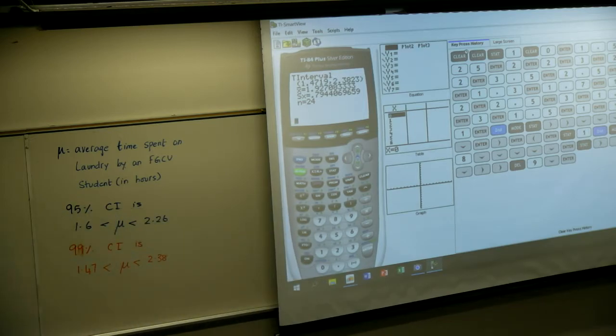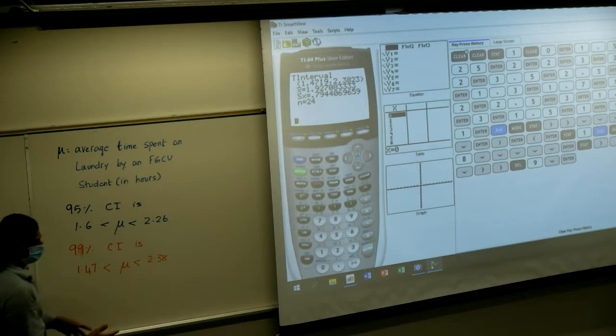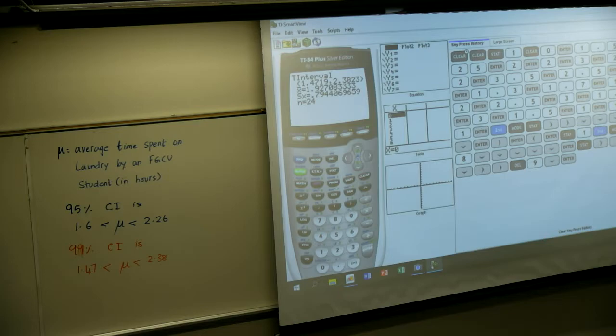Well, if you are more confident about something, you have to estimate it in an accurate sense. But why does it widen? Well, think about it this way. If I said, okay, it has to happen between 1.6 and 2.26, and it doesn't happen between 1.6 and 2.26, then I'm wrong, yes?